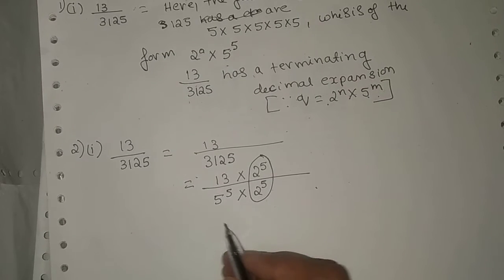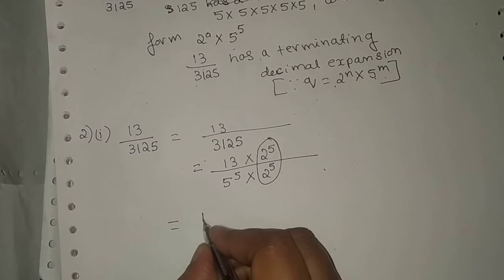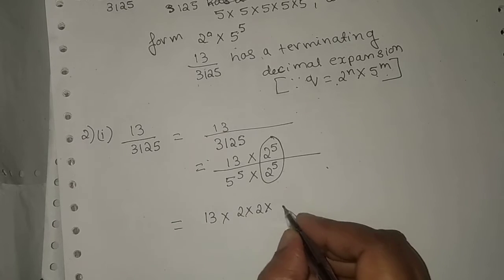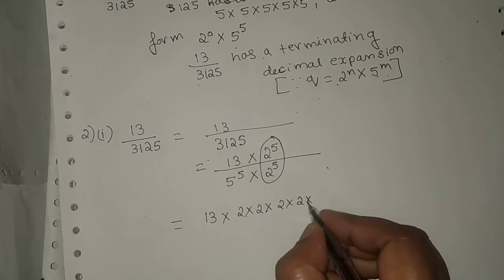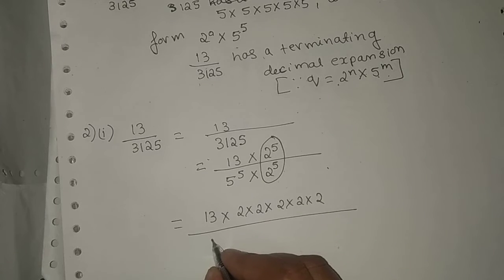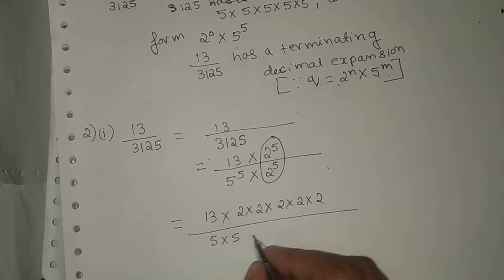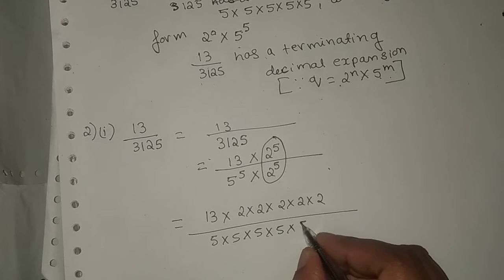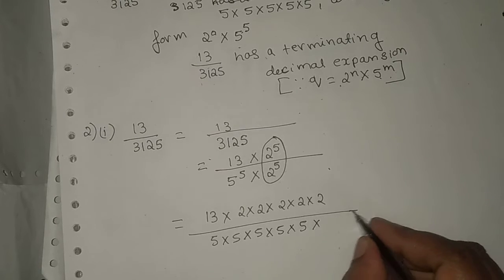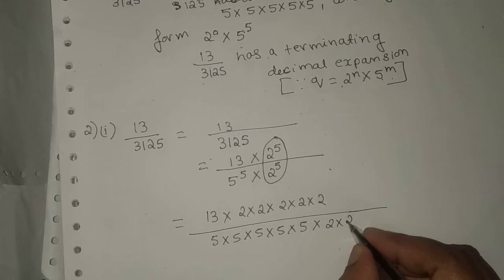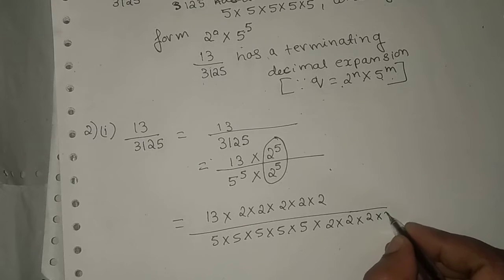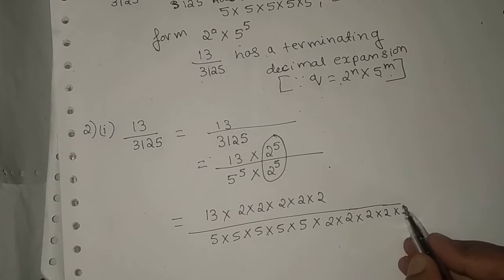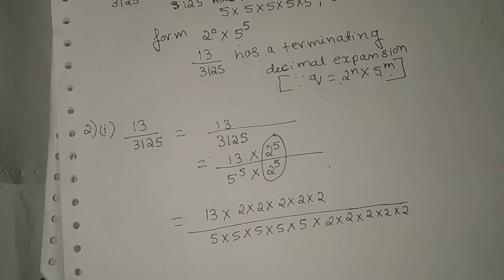Next step, we expand this: 2 five times and 5 five times. This is for the second question, continuing the same first problem with the terminating decimal expansion.